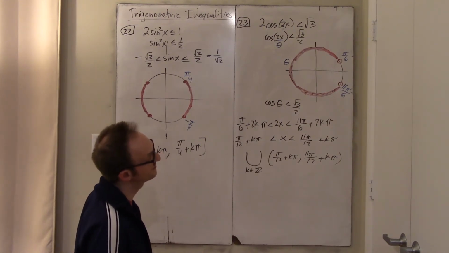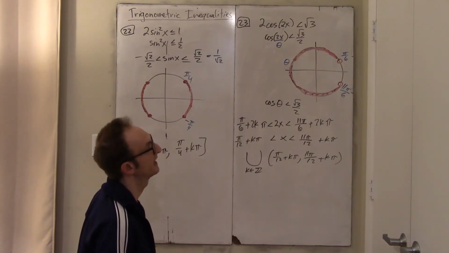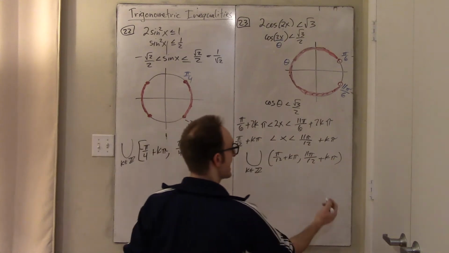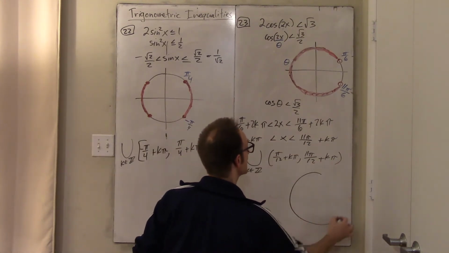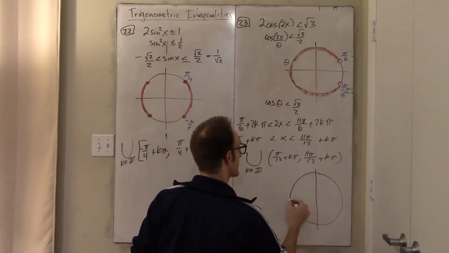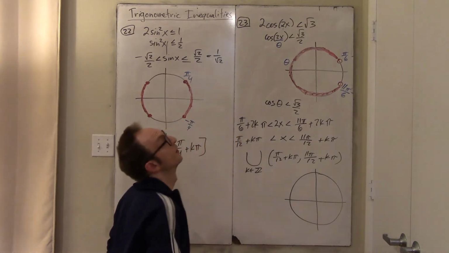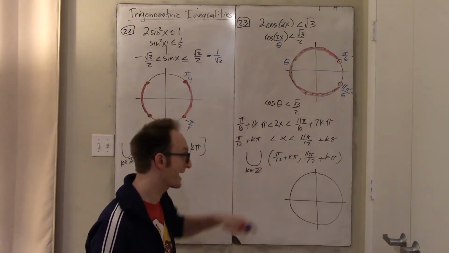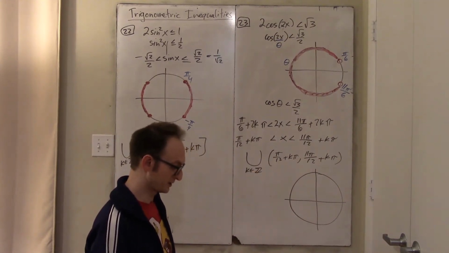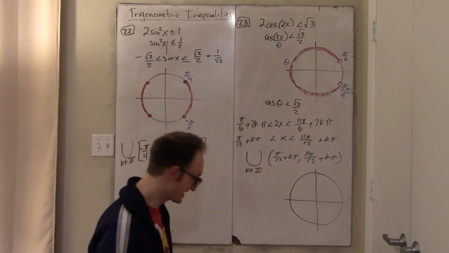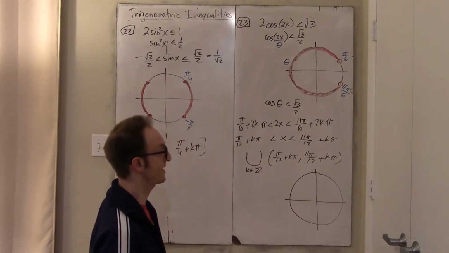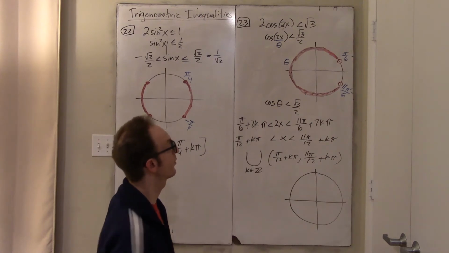Let's retranslate the answer right here, which is correct, back onto the unit circle. So let me shade now. This time I'll shade in blue to stress. So what is pi over 12?